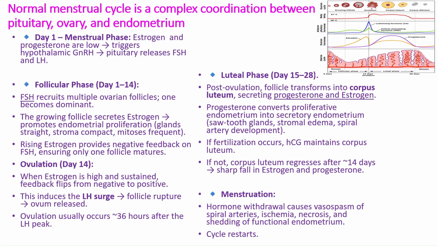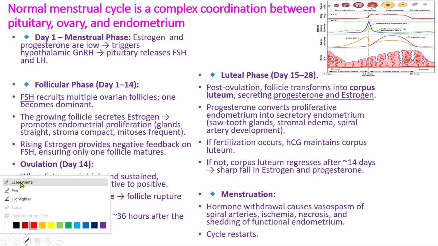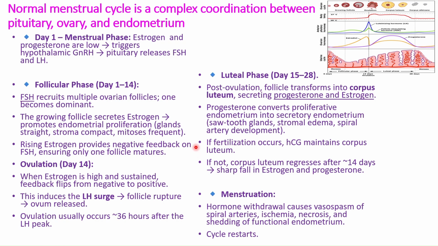Let's begin with the normal menstrual cycle. It is the complex coordination between pituitary, ovary and endometrium. In an average 28-day menstrual cycle, day 1 is the menstrual phase where estrogen and progesterone are low, which triggers hypothalamic gonadotrophin releasing hormone, which ultimately makes the pituitary release FSH and LH.